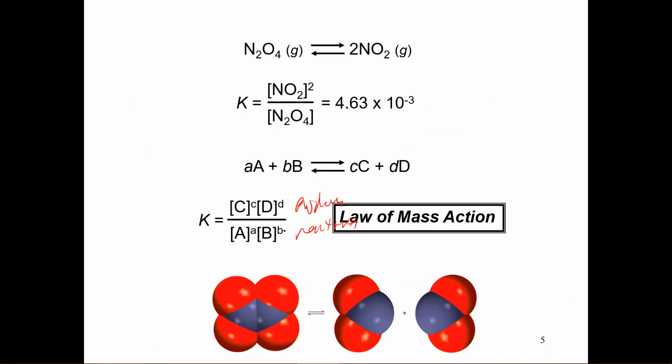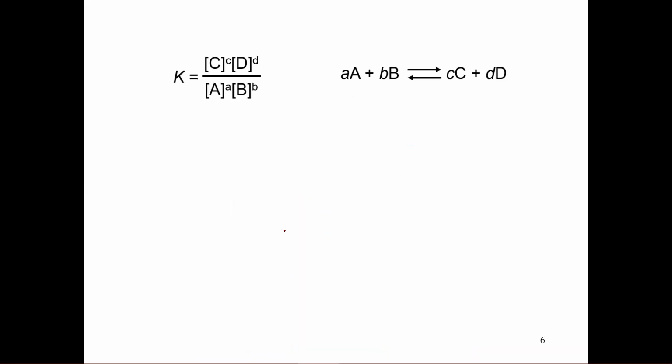Basically, the mass is conserved across both sides of the reaction, and you get a system where it moves back and forth, but the mass stays the same. So this is called the law of mass action. And the action is just because it's going from reactants to products to reactants to products, et cetera, and basically goes back and forth.